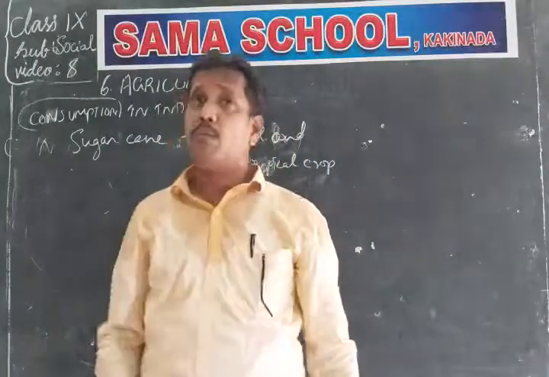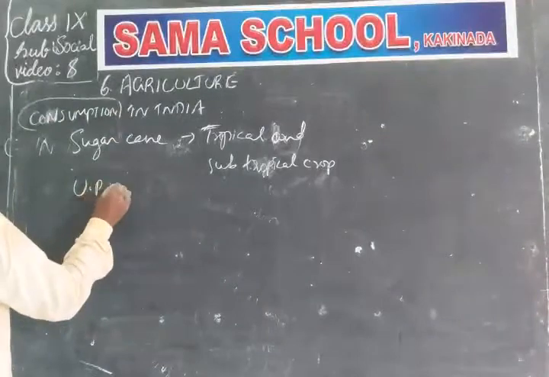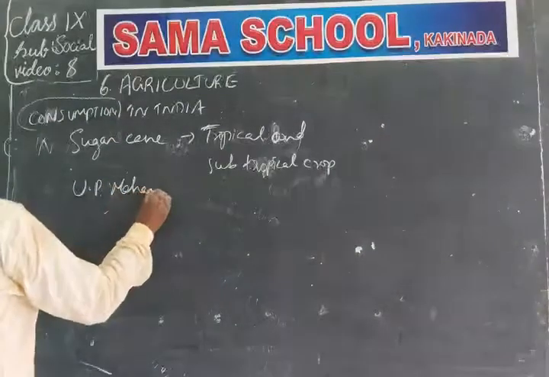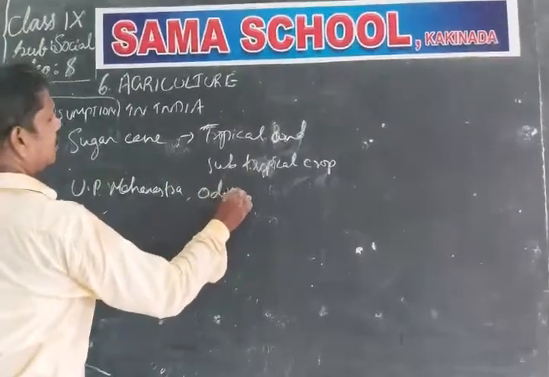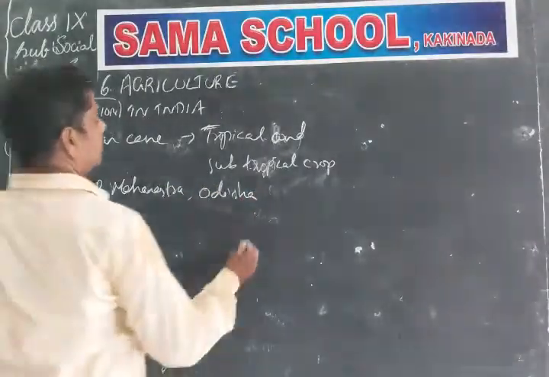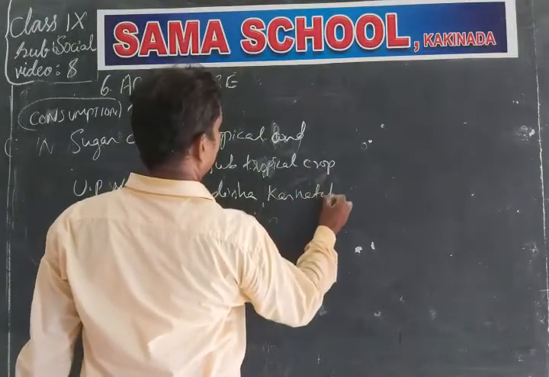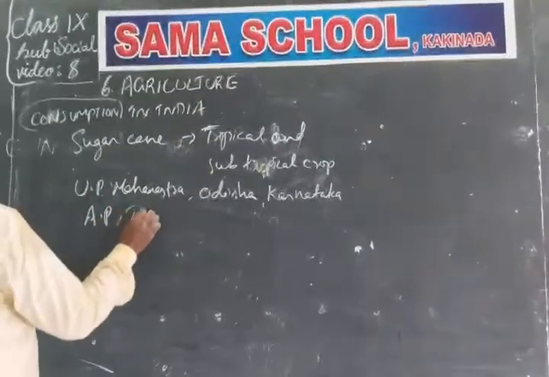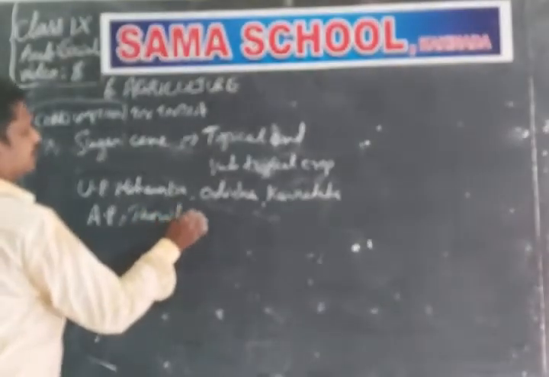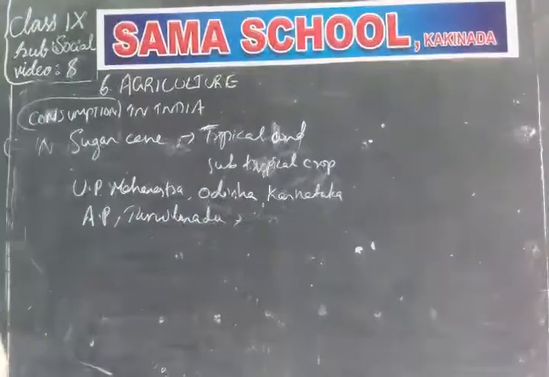This is mostly grown in the states of Maharashtra, Uttar Pradesh, Odisha, Karnataka, and in a few regions in Andhra Pradesh and Tamil Nadu. These are famous for sugarcane production.